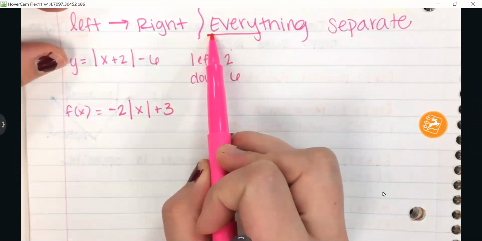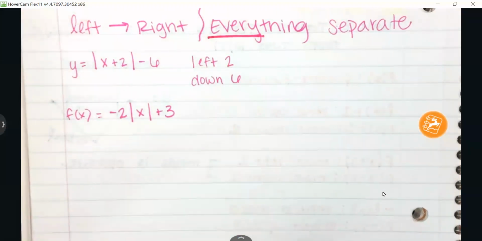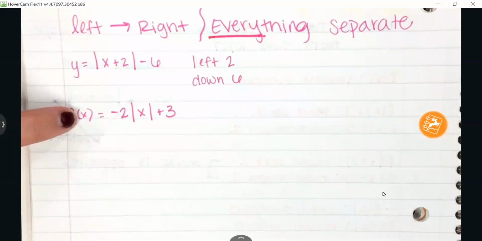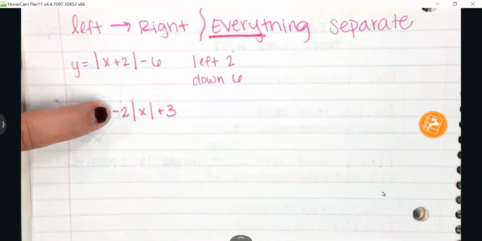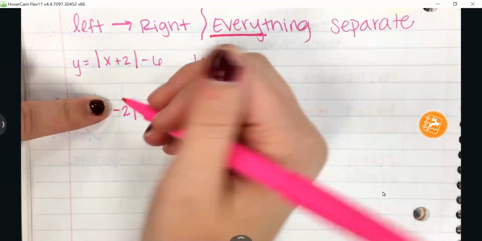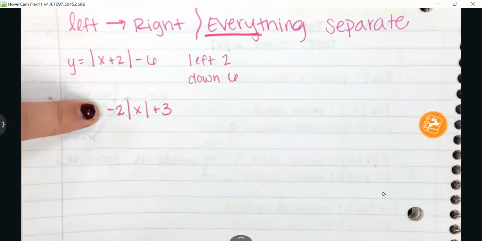Y'all, what word did I just underline right here? Every single thing is different. So if I read from left to right, what's the very first thing my finger's going to touch? No, it doesn't touch a -2. It touches a negative. Negative is its own thing. It's its own transformation. So a negative on the outside, look at your notes if you need to.